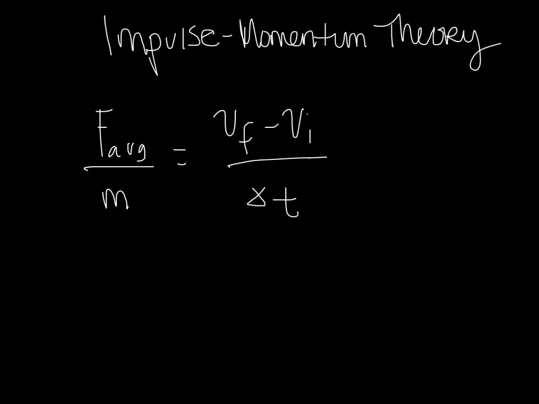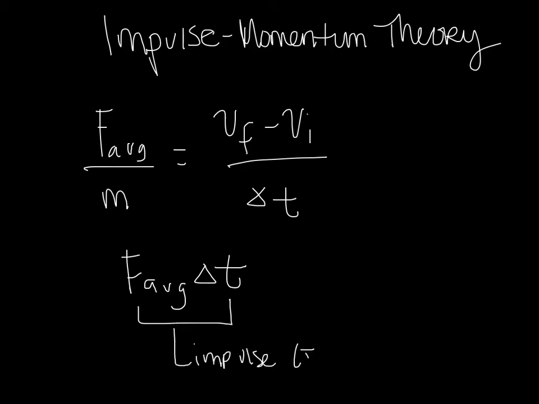And we know that the average force multiplied by the change in time, remember this is impulse, or J, is equal to mass times the final velocity minus mass times the initial velocity.